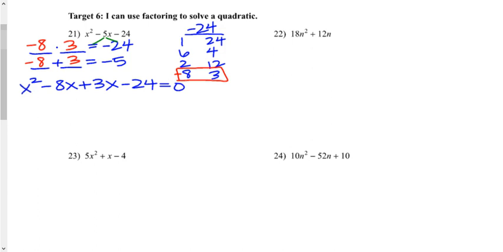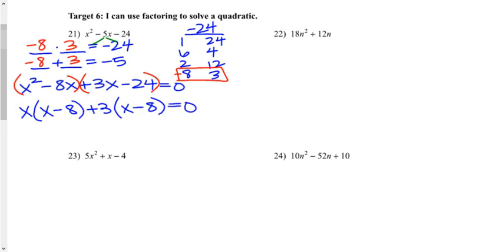Okay, so now I'm going to go ahead and use my grouping strategy and factor out GCFs from both of those groups. I can factor out an x from here, and I'll be left with x minus 8. And then from that second grouping, I can factor out a positive 3, and I'm left with x minus 8.